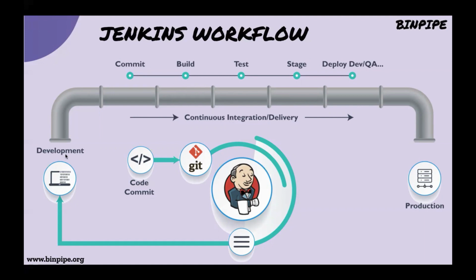So what happens, let's revisit this. You have to put this entire flow in your brain, because being someone from a DevOps practice, a CI/CD pipeline is something that should become your second nature.